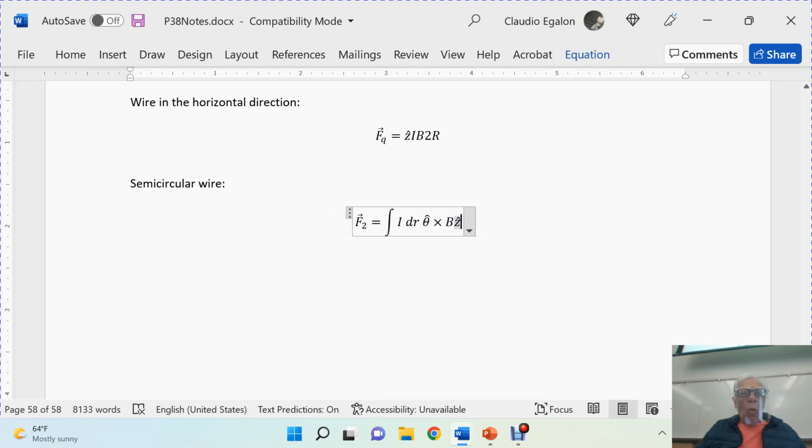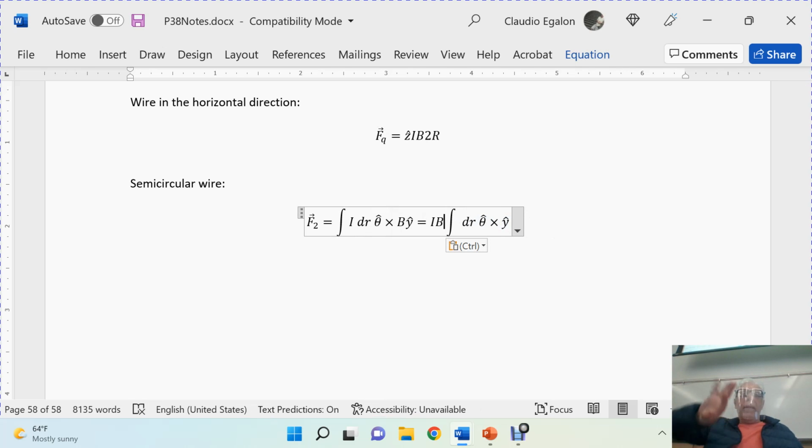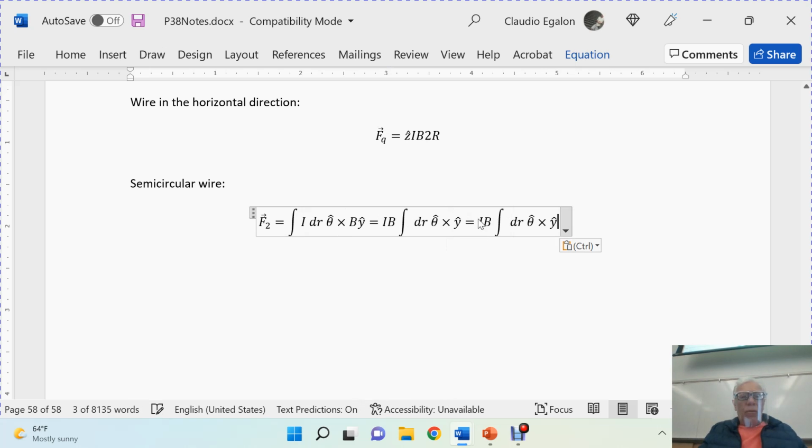The B is in the y direction, remember? I can be taken out. B can be taken out. And then theta hat cross y hat must be in the minus z direction.